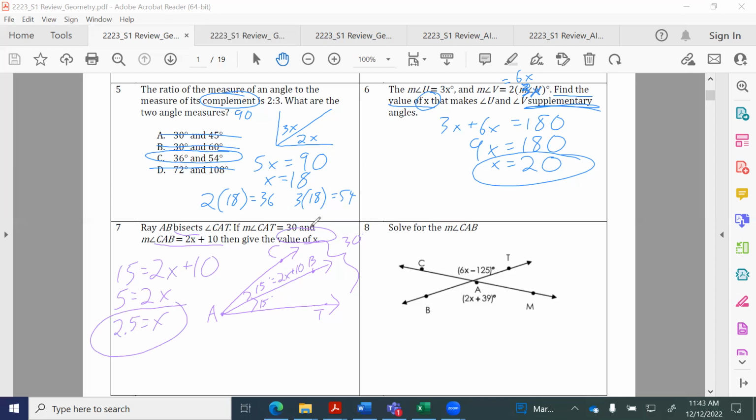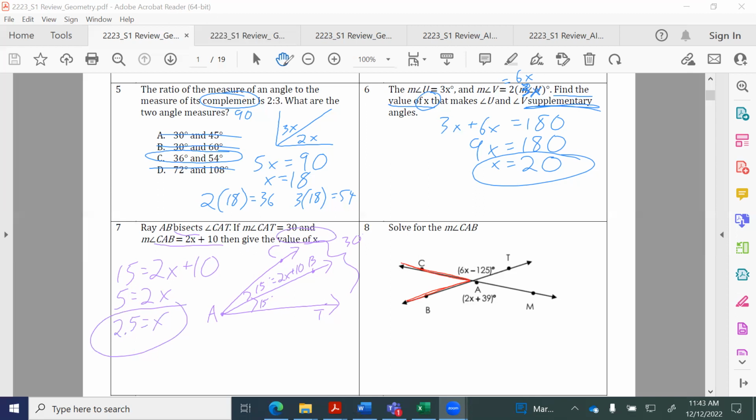All right. This next one has a lot of steps. Here, they want us to solve for this angle I'm highlighting in red, right? But they don't give us anything about that angle. What we have to go on is these two angles. Well, what do we know about these two angles that are above and below each other here?